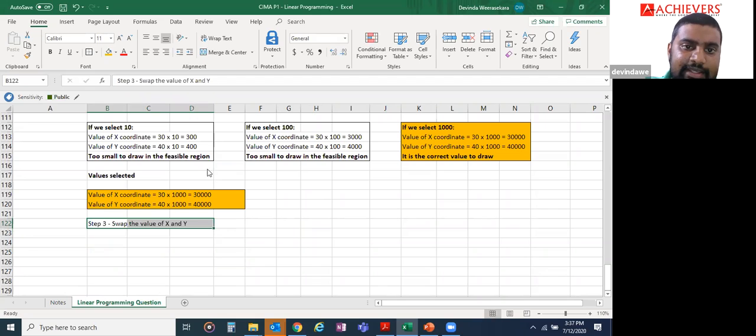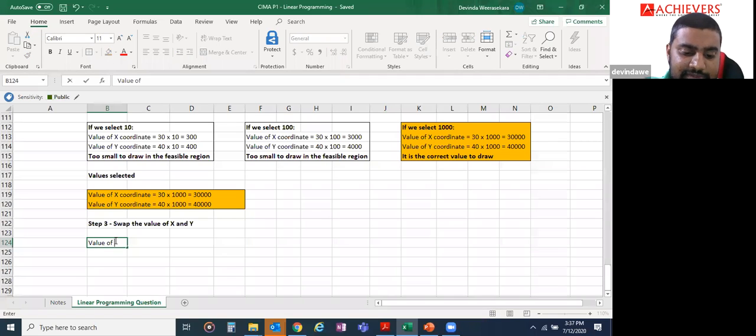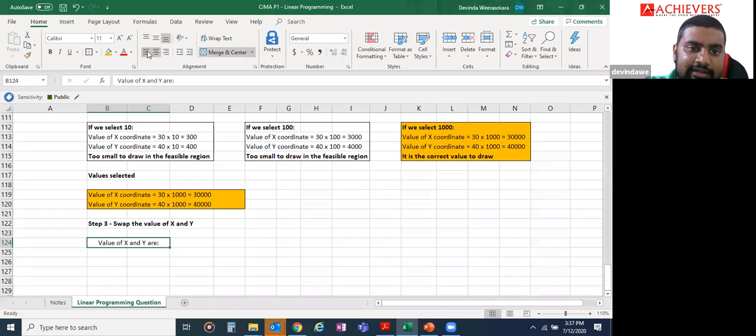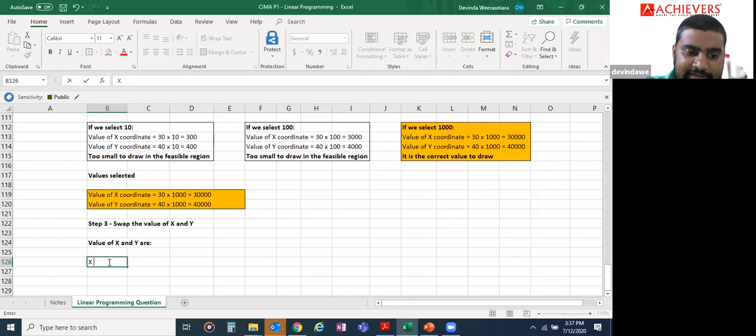So basically, guys, swapping means you interchange the values of x and y. So currently the values are x 30,000, y 40,000.